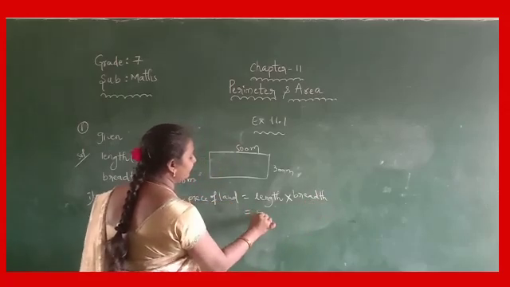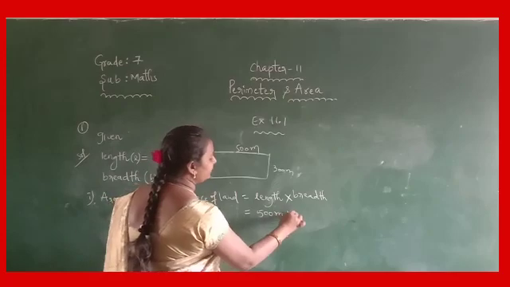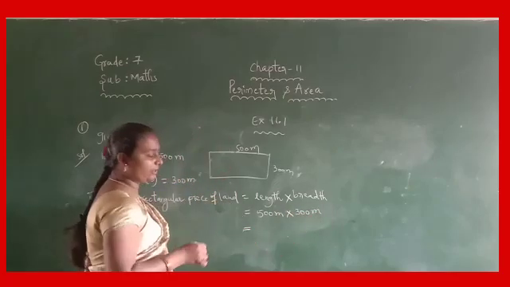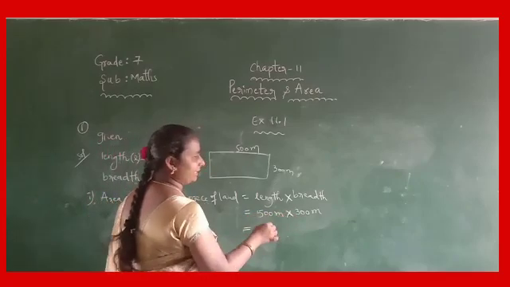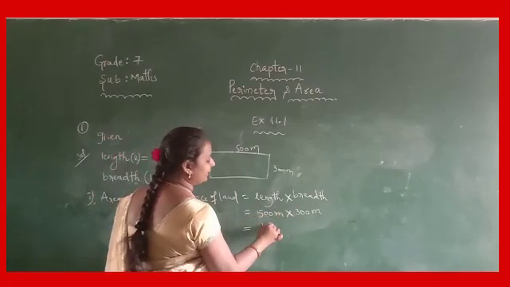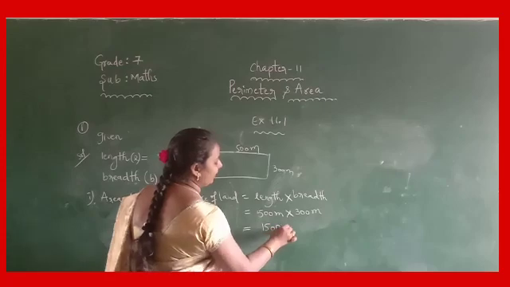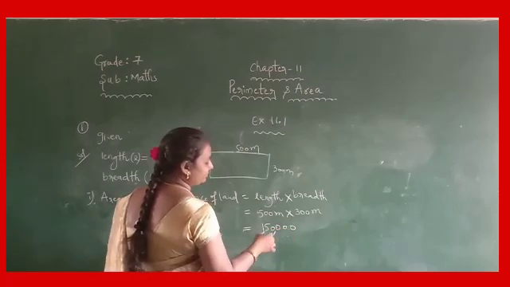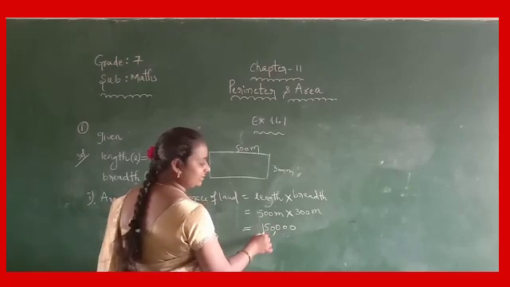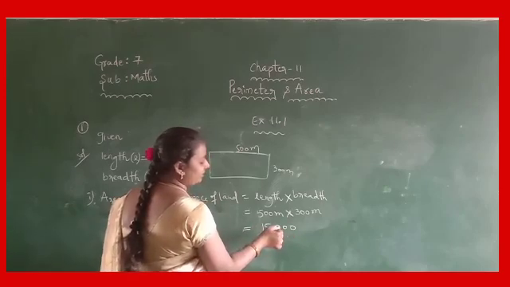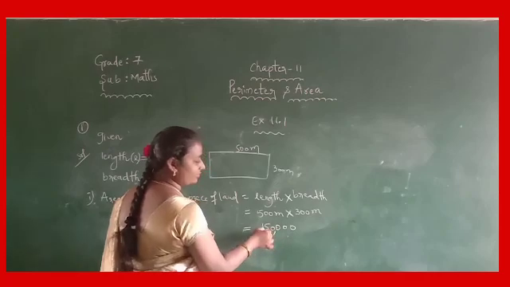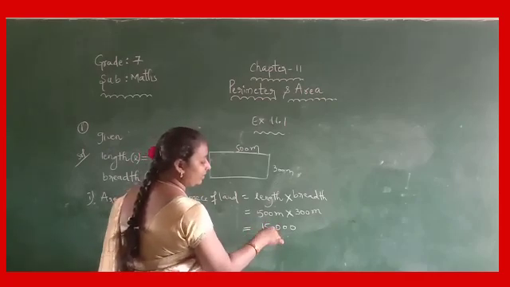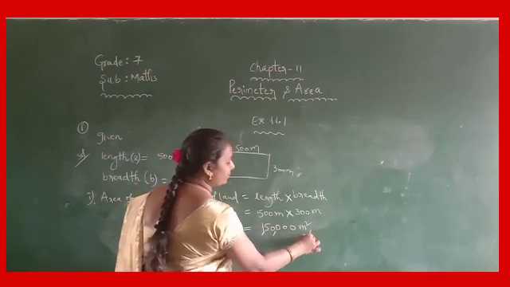So length here is 500 meters, breadth is 300 meters. Now here we have to multiply. 5 threes are 15 and the remaining zeros we add like this. So then how much? 1 tens, 100, 1000, 10,000, after 10,000 comes lakh. So then 1 lakh 50,000 meters square.